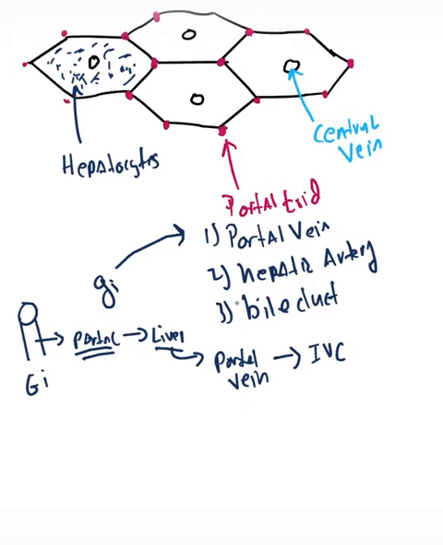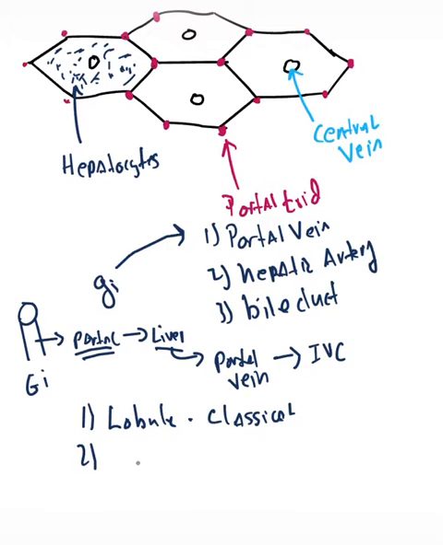Okay, so what I'm going to do now is look at this architecture, if you want to call it that, of the liver, and I'm going to look at it in a few different ways. Each way is going to make one or more of these components more central to the picture. So we're going to look at three different pictures of the primary architecture of the liver. One is the lobule picture, which is a classical picture.